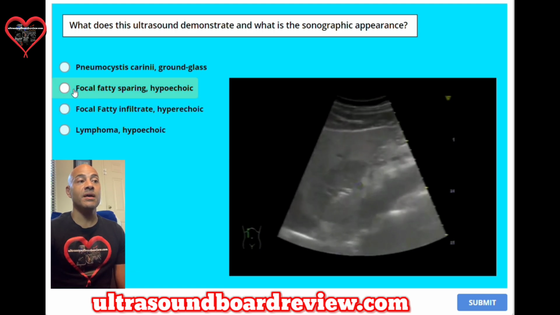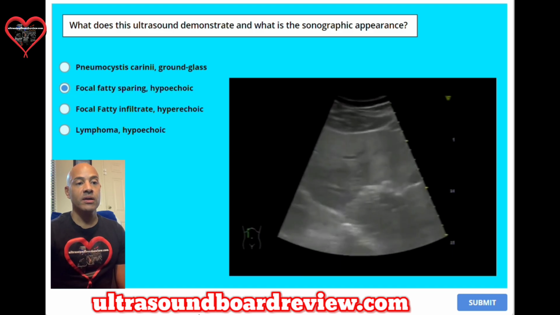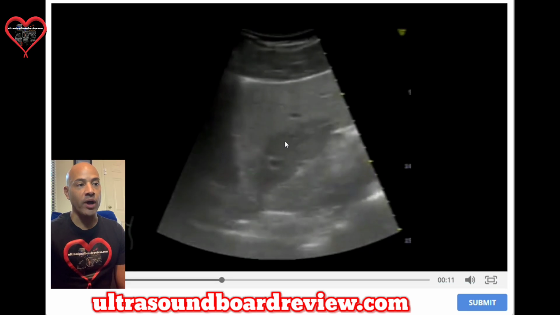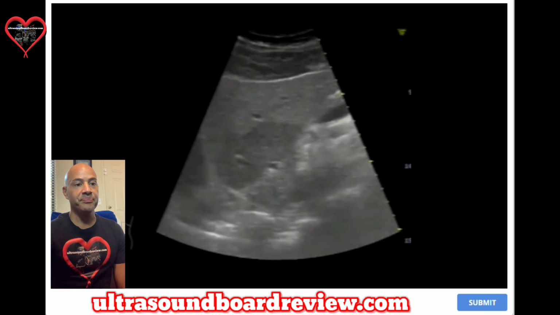The answer is B, focal fatty sparing and hypoechoic. The infiltrate is located right here, this hypoechoic area of the liver.